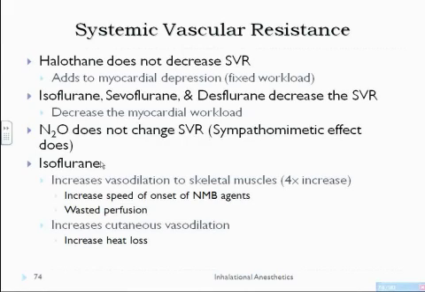Isoflurane tends to cause increased vasodilation in the skeletal muscle, which means a 4 times increase in blood flow to that area. That's important to understand because sometimes you'll see people using isoflurane a lot, and when they use neuromuscular blockers, they get a rapid onset. With other agents like desflurane, they shouldn't expect to see that.